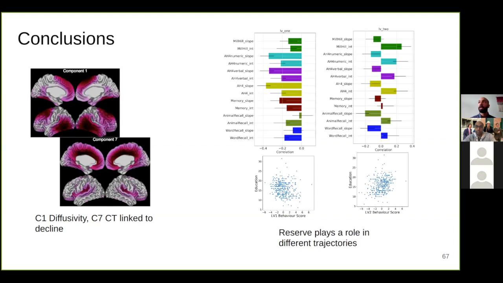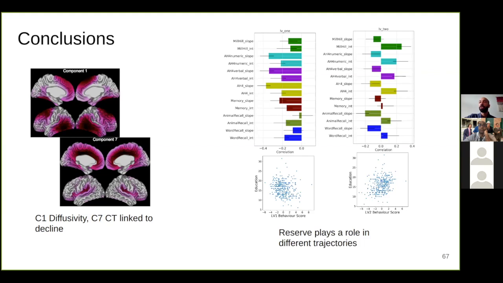So LV1 is more a higher starting point and a potential protective effect of any reserve, whereas LV2 was conversely, regardless of your starting point, a steeper decline. So these are two differing parts of the reserve hypotheses, but this suggests that they may both be at play in this data set, although to varying degrees, because we can say that LV1 was much more prominent in terms of the percentage of covariance explained.